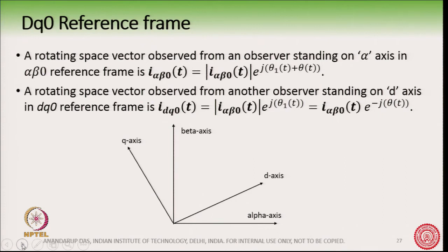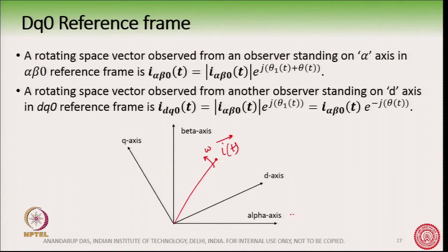Now, what is this dq0 reference frame? As I told you, suppose we have the space vector IT. Okay. This space vector is rotating at a certain speed.